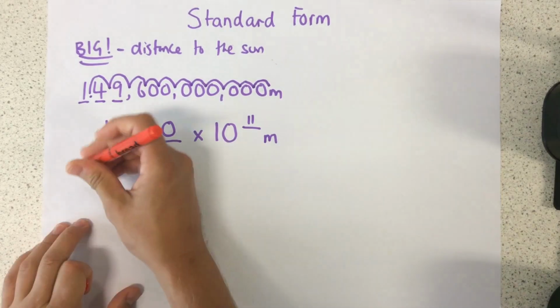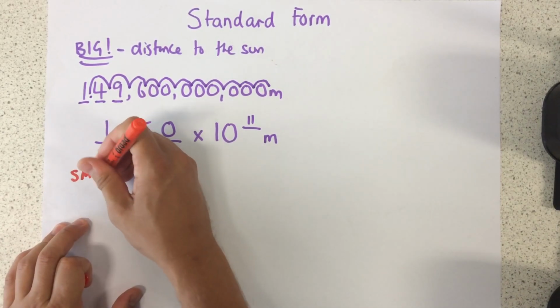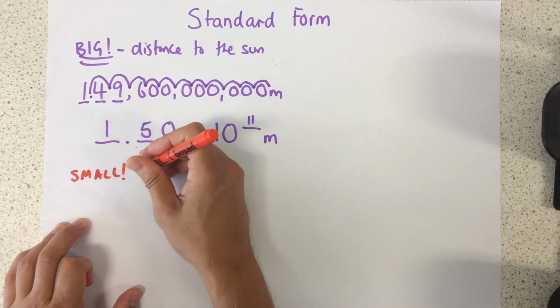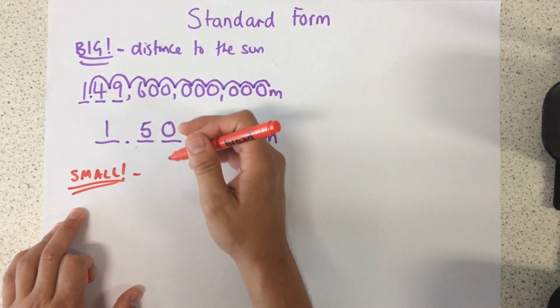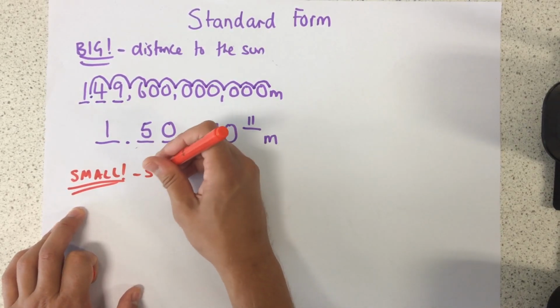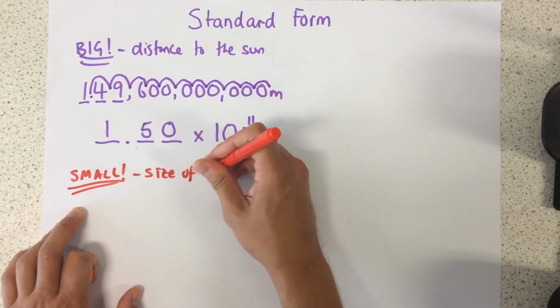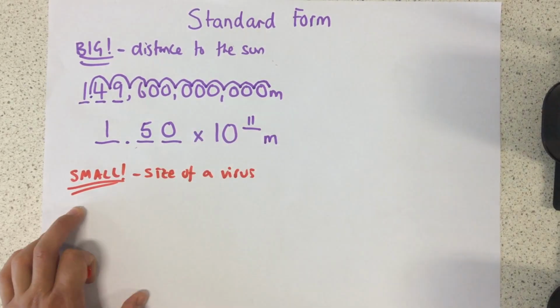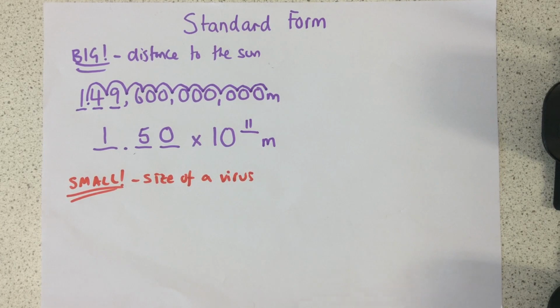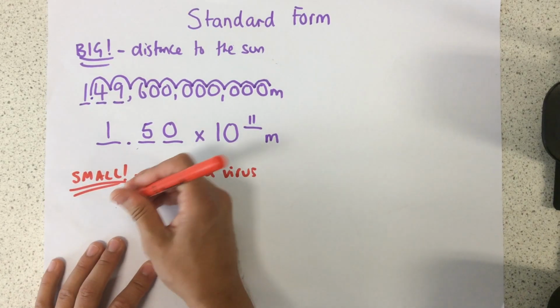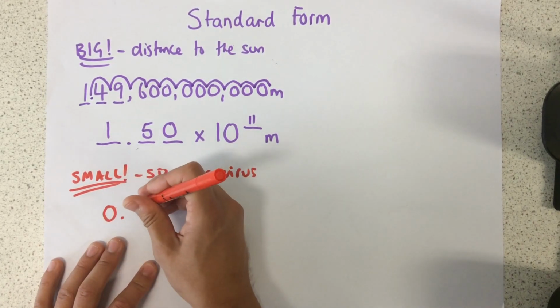Let's imagine we were looking at an extremely small number instead, because we can also use standard form for small numbers. This time, let's imagine it was the size of a virus. So in biology, we might be looking at the size of a virus. Let's say this virus was 0.023456 meters big.